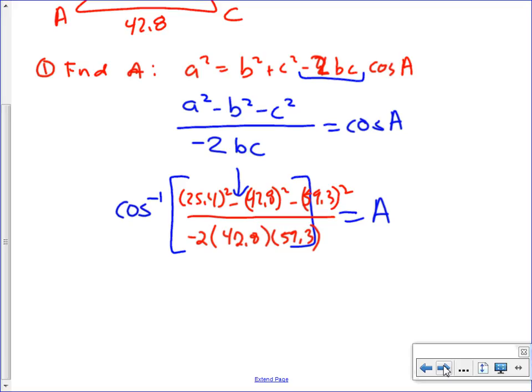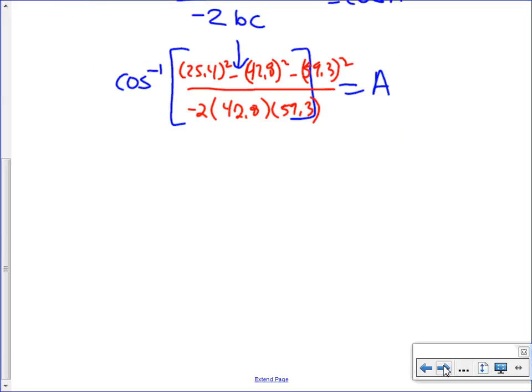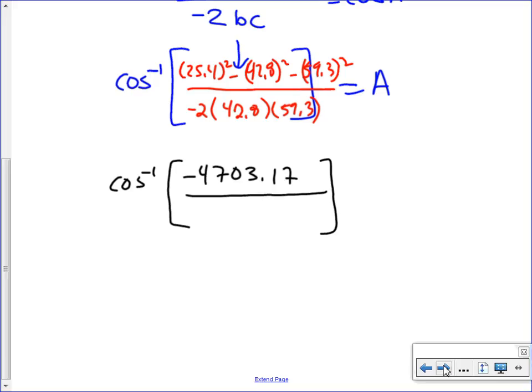Okay? Let's just do a double check. Here we go. What did you get at the top? 703.17. That's right. And the bottom?